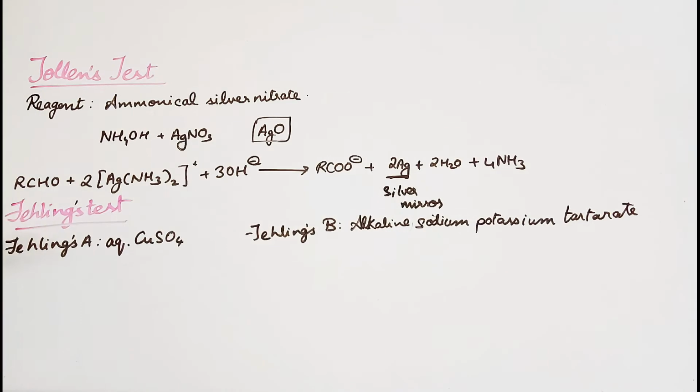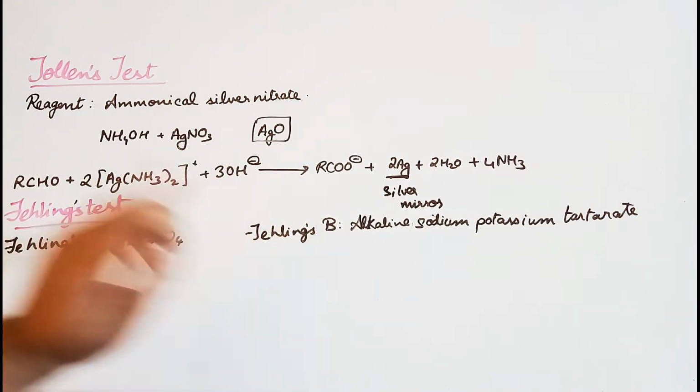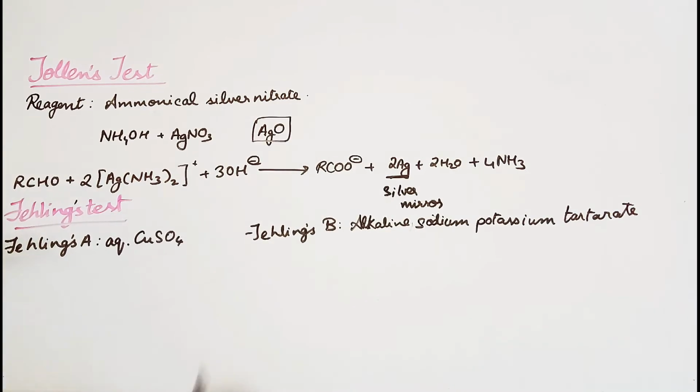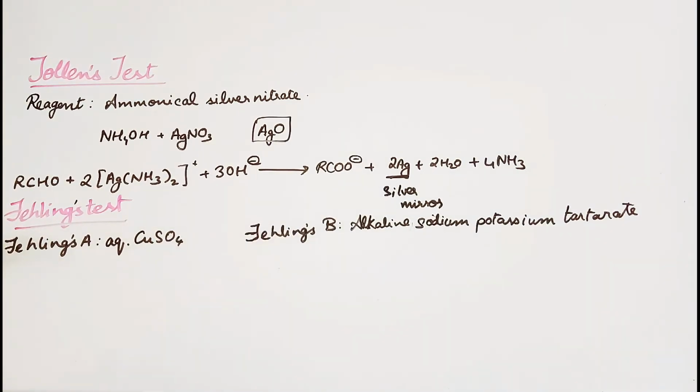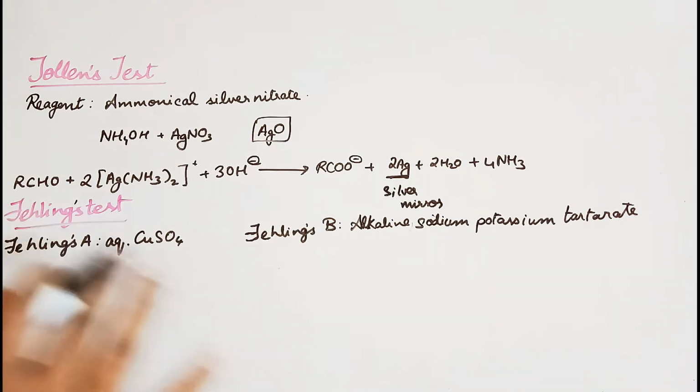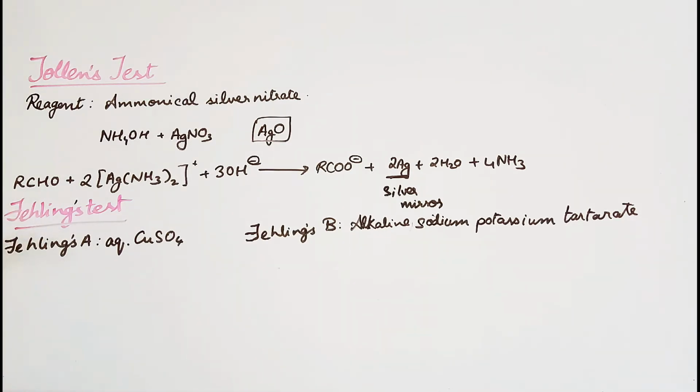So Fehling's test has two solutions, solution A and solution B. Solution A consists of aqueous copper sulfate, whereas solution B consists of alkaline sodium potassium tartarate, also known as Rochelle's salt. Before the test is performed, equal quantities of A and B are mixed. The aldehyde is heated with the Fehling's solution.